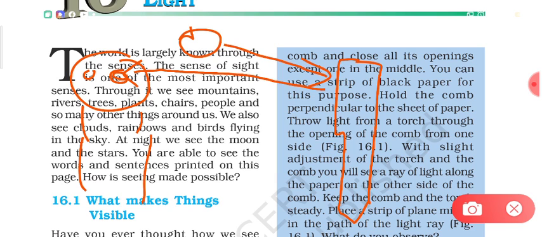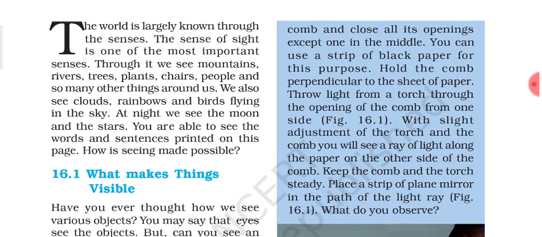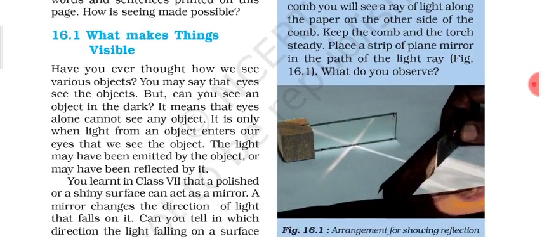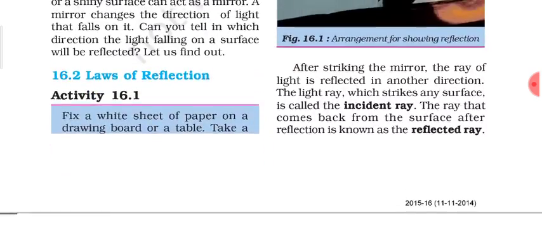From the retina, the information about the light received is sent to the brain, and the brain then interprets this information as a pen. So once again, when the light falling on an object reaches your eyes, only then is the object visible.